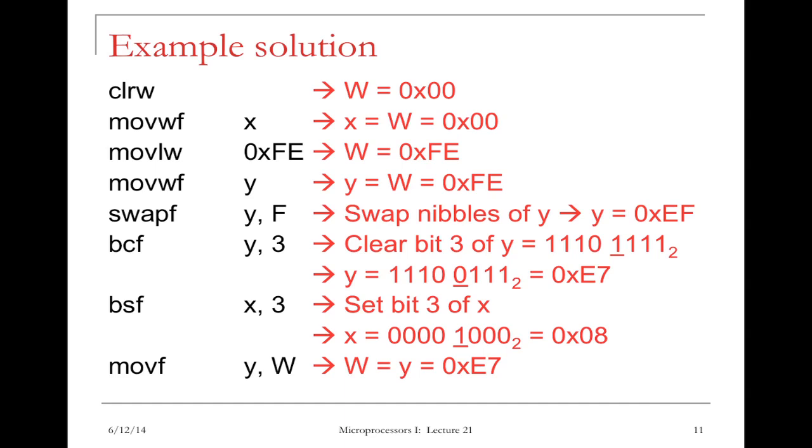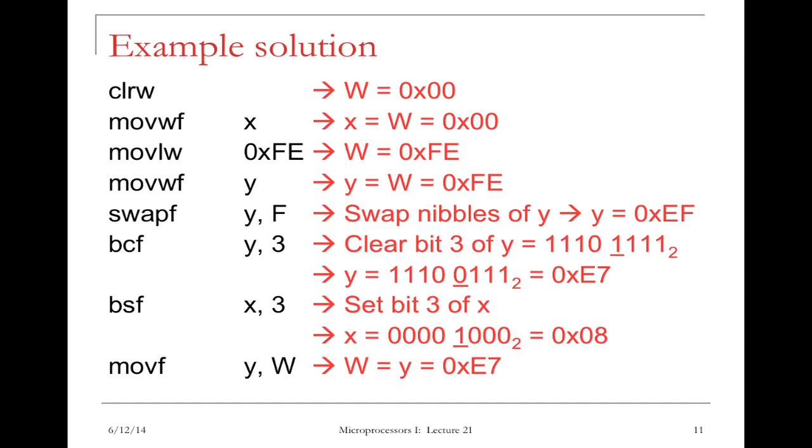This is the literal. We're going to move a constant number to the working register, so we assign the value FE in hexadecimal to W. Then the next instruction, movwf: we copy the value from the working register to Y.